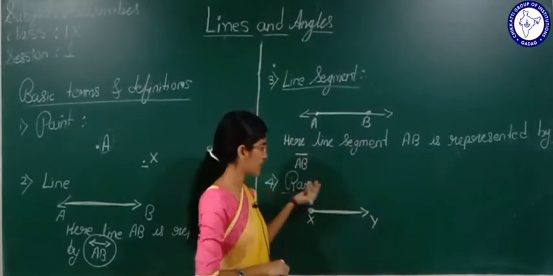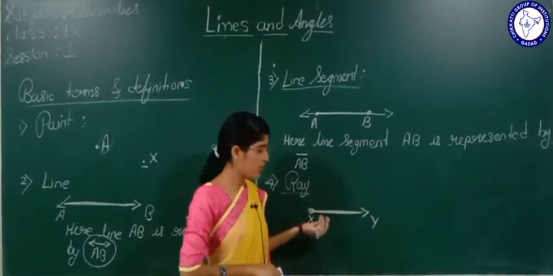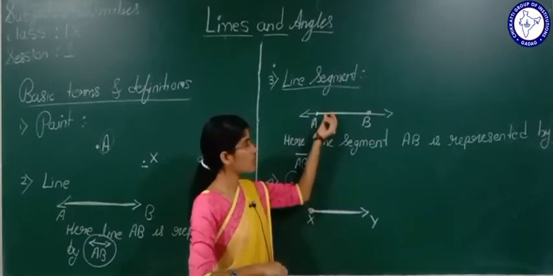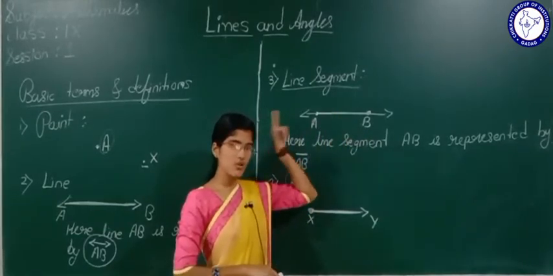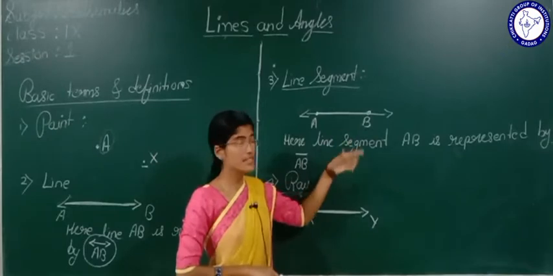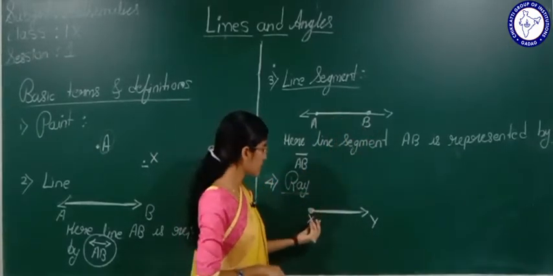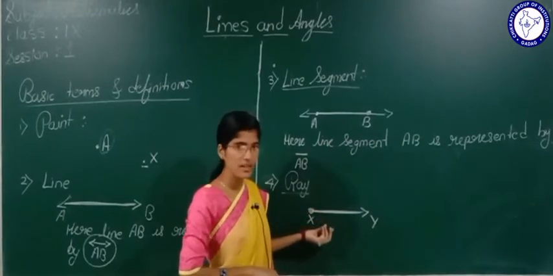A line segment is also a part of a line which has two end points or two fixed points, while a ray has one fixed point.